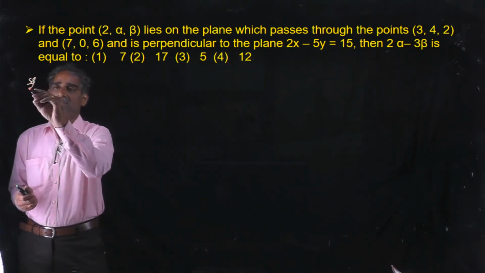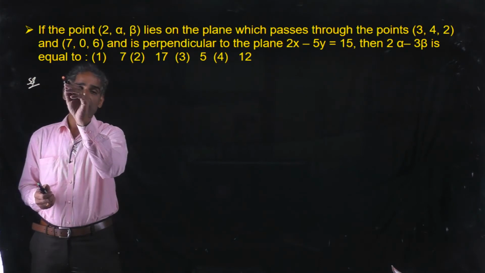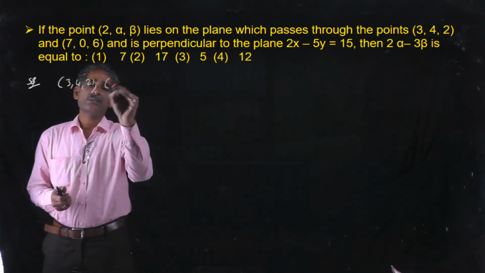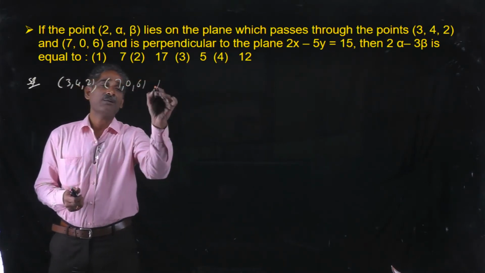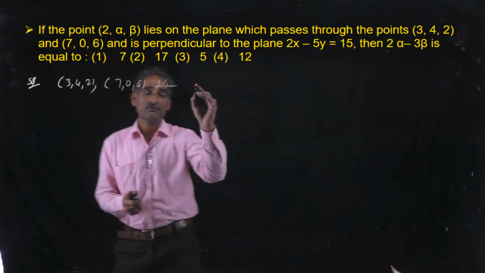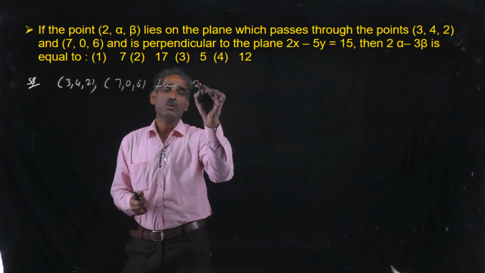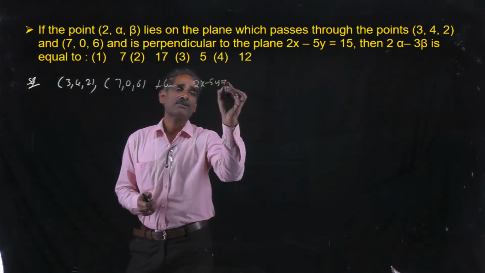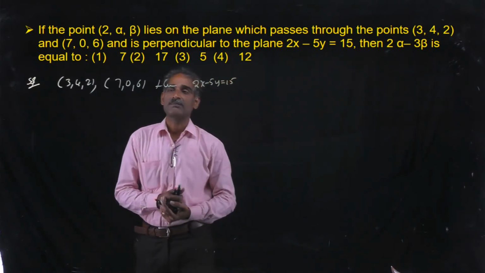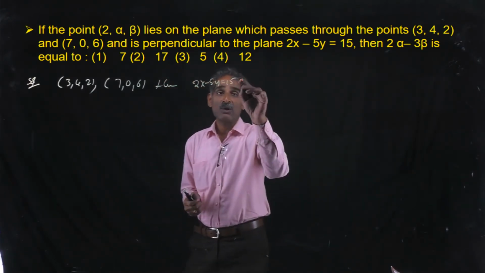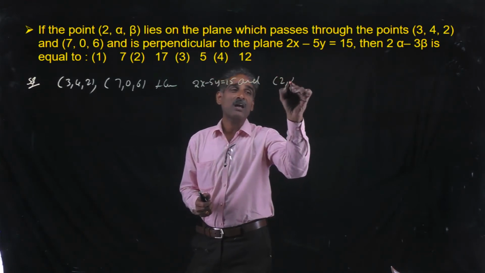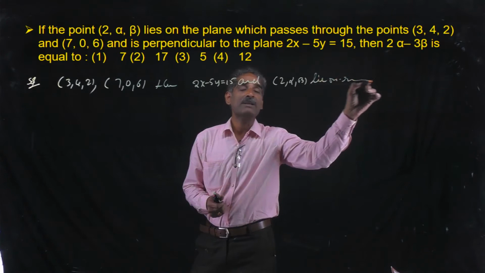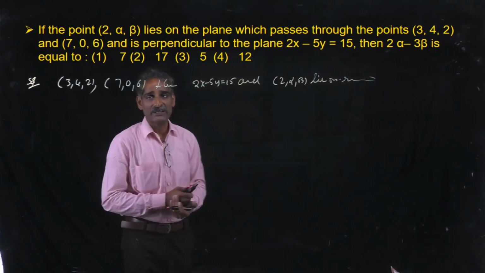Given that a plane is passing through 3, 4, 2 and 7, 0, 6 and perpendicular to the plane 2x minus 5y is equal to 15. And it is given that 2, alpha, beta also lies on the required plane. This is the given data.